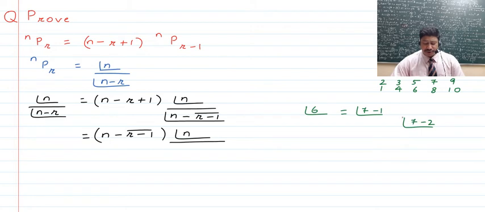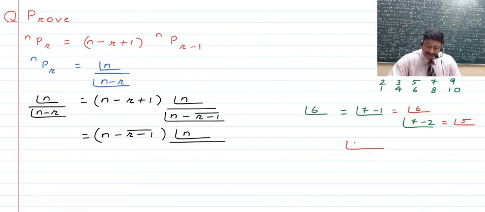I'm sure you will calculate and tell me that factorial of 7 minus 1 is factorial 6, and factorial of 7 minus 2 is factorial of 5. The one which is above is larger and the one below is lesser. In other words, factorial of (7 − 1) is greater than factorial of (7 − 2).